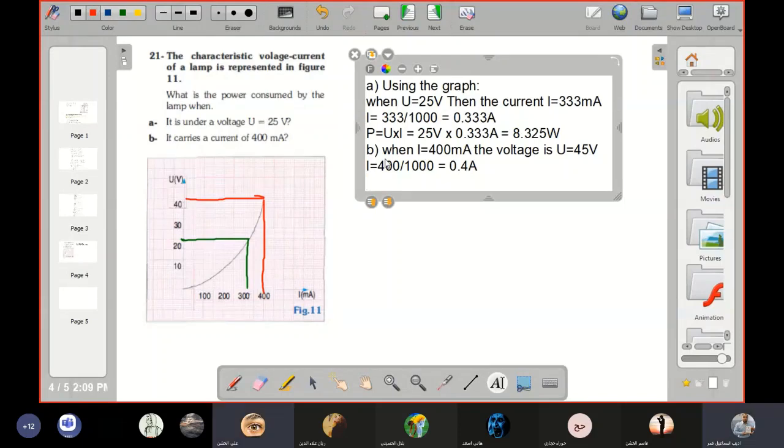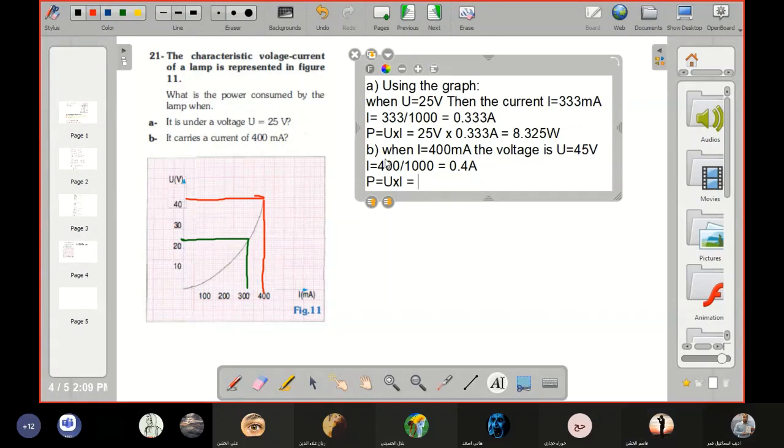The power, P equal U times I equal. I'm listening. Continue, Ali. What's the value of U here? 45.